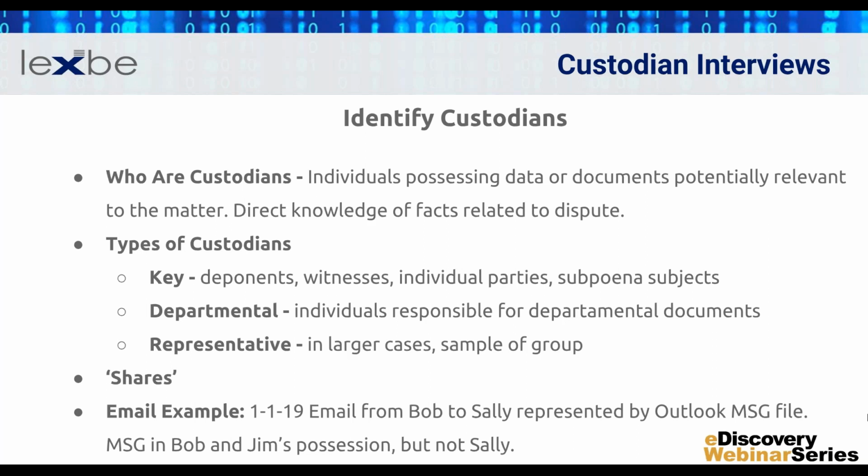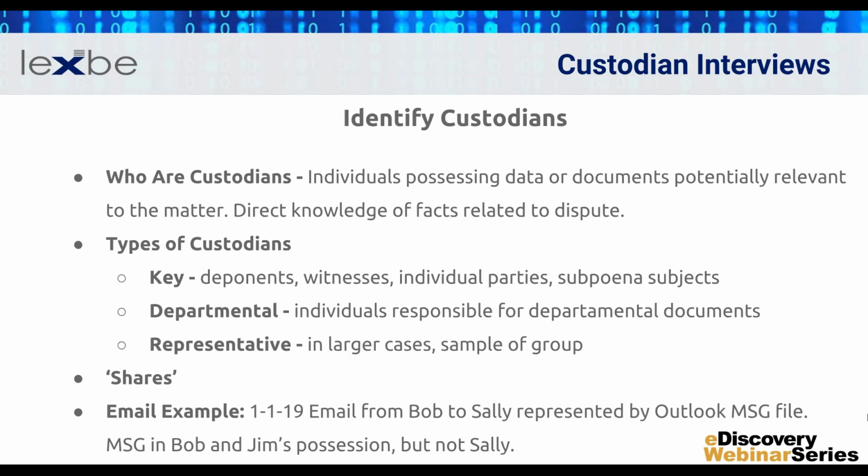There's also the concept of representative custodians. In larger cases, it may be impractical to collect the data from every one of a class and to develop whatever the theory of the case is, or to get representative data, one or more representative custodians might be selected.